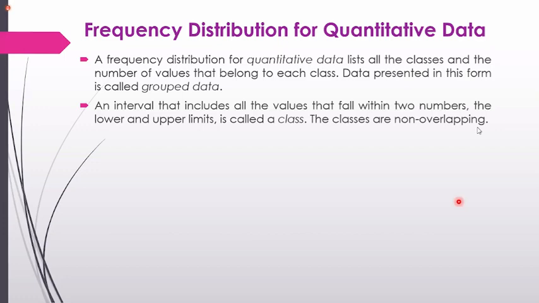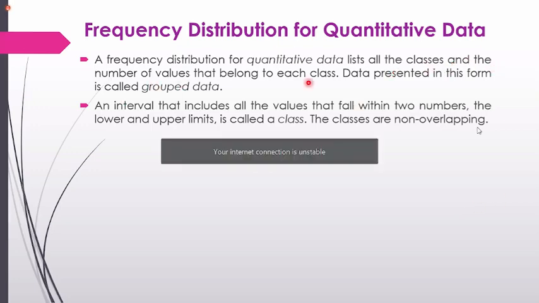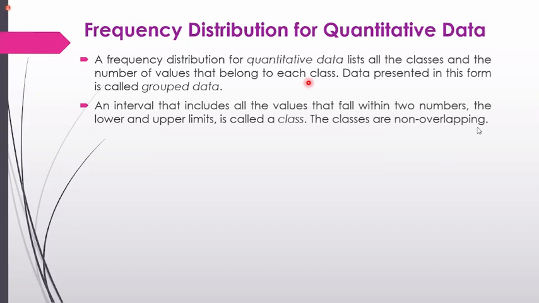So we have two columns. One is the classes and the other one is the frequencies, right? Data presented in this form is called grouped data.